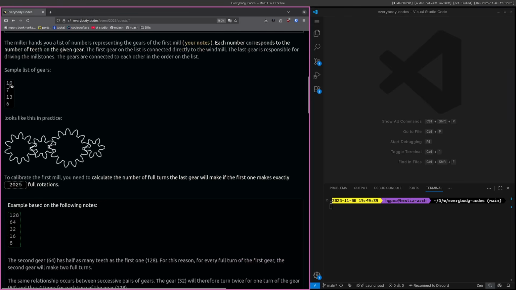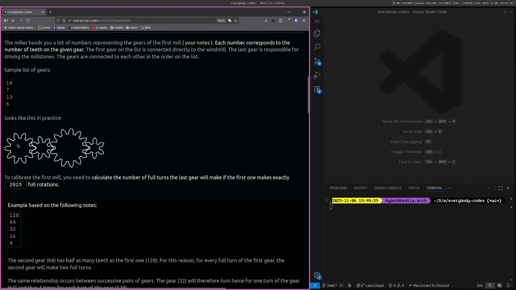Looking at our sample, the first gear has 10 teeth and the second gear has 7 teeth. What that means is that the first gear turns at a rate of 7/10 of the speed of the second gear. The reason that makes sense is because the teeth lock together like this, so the number of teeth moving past this point has to be the same for both gears on either side of the intersection.